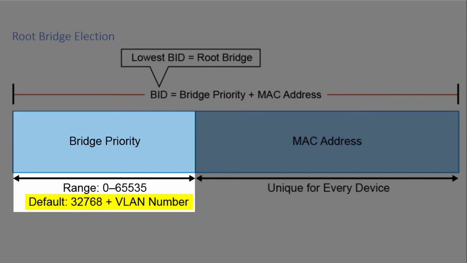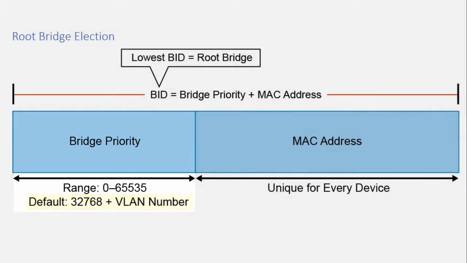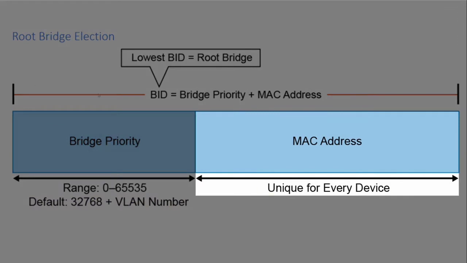So from 0 to 65,535, but in increments of 4,096. And of course, the MAC address is unique for every device. So if we have a tie in our bridge priority, the device with the lowest MAC address would be elected the root bridge.